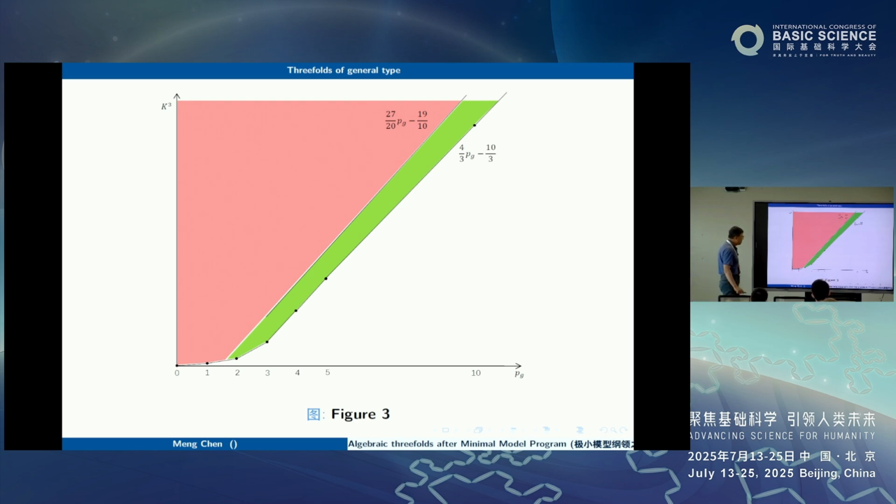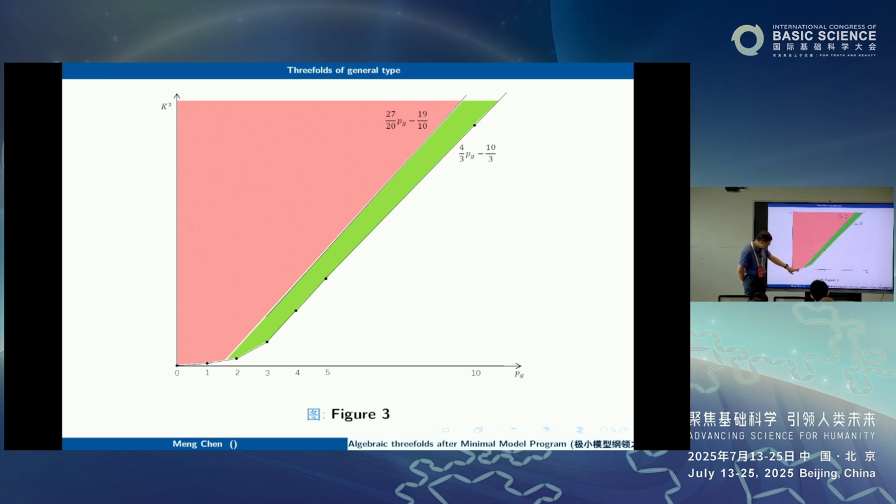So far, for threefolds, there are still two cases which are incomplete. One is here, PG equals 0. This is the most difficult case. For PG equal to 0, we only know that the lower bound of the canonical volume is 1 over 1680, but we still don't know what the minimal volume is.